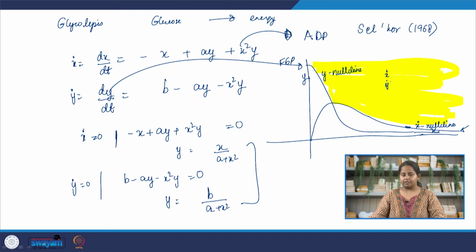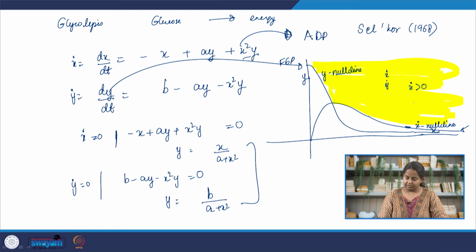That will help us understand the flow in this region. So, here we are above the x nullcline, and we are to the right of the y nullcline. If you look at the x nullcline here, we see that y is bigger than it should be to be on the line. So, basically here we know dx by dt is going to be positive.